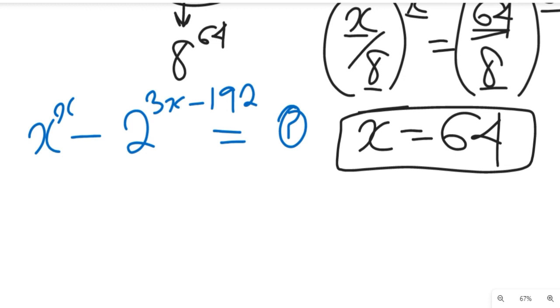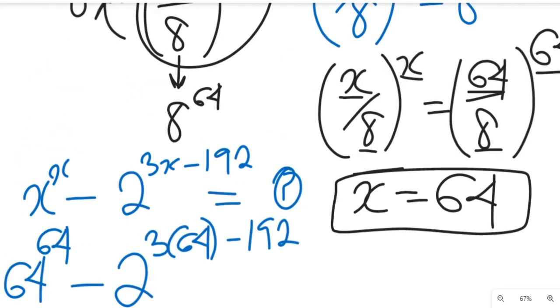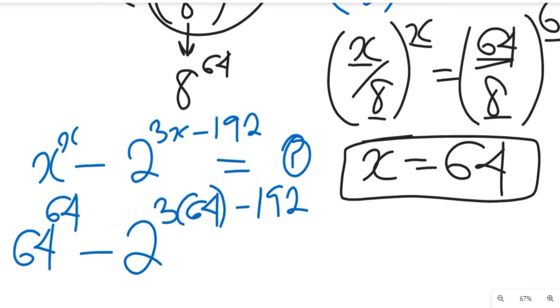Now let's look at that. x is 64, so this will give us 64 to the power of 64 minus 2 to the power of 3 multiplied by 64 plus 192.